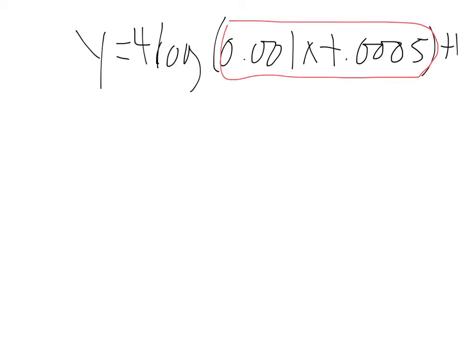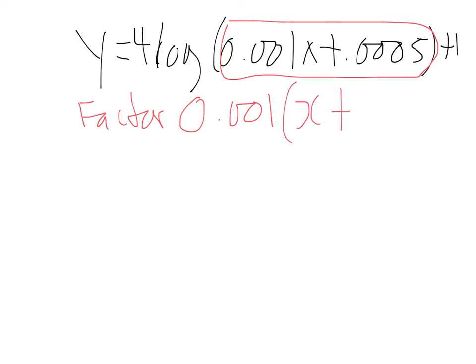So let's factor that. We factor out 0.001, which means we're dividing everything by 0.001. So that becomes x plus 0.0005 divided by 0.001, and we get 2.